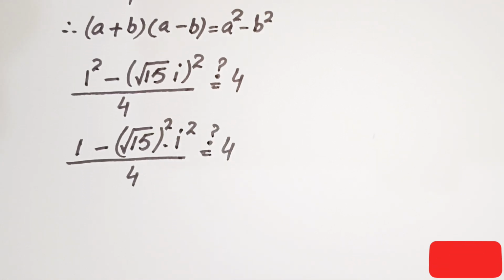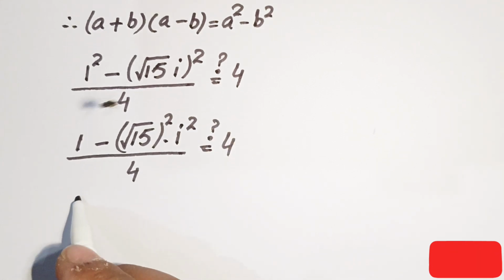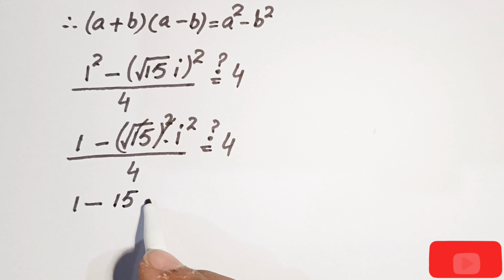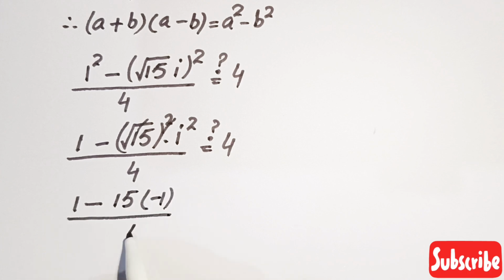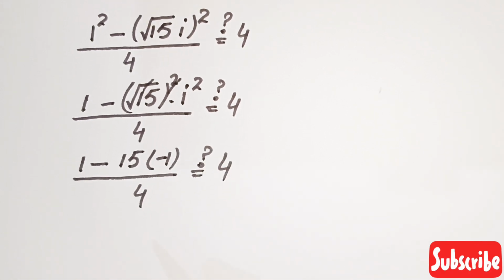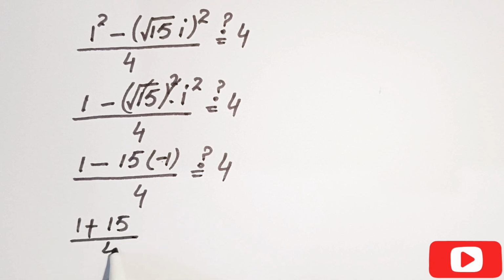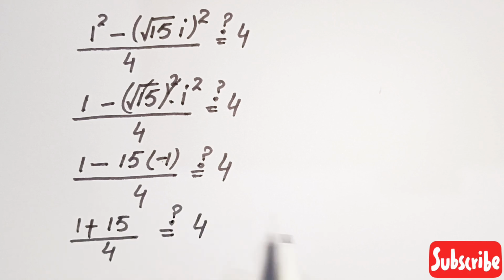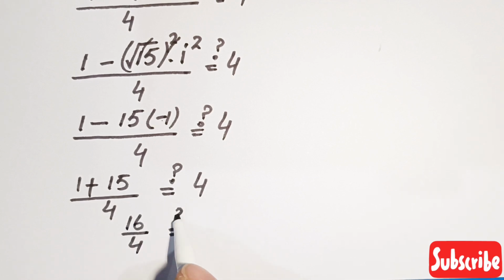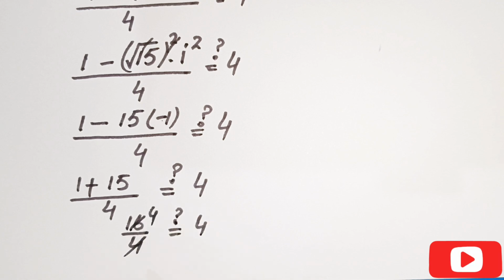The square can be cancelled out with the square root, and we get 15, and i squared is equal to minus 1. So minus times minus is plus, and we just write plus 15 times 1 is 15, all over 4. Our final step is 1 plus 15 is 16, divided by 4, that is 4. So here we get 4 is equal to 4.